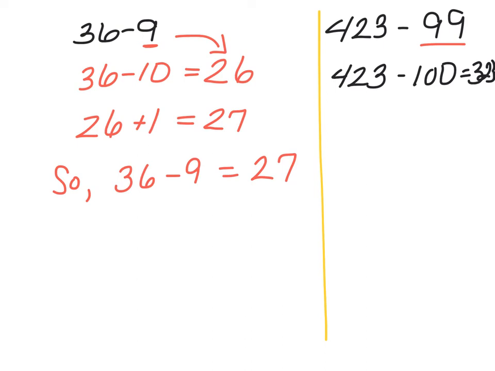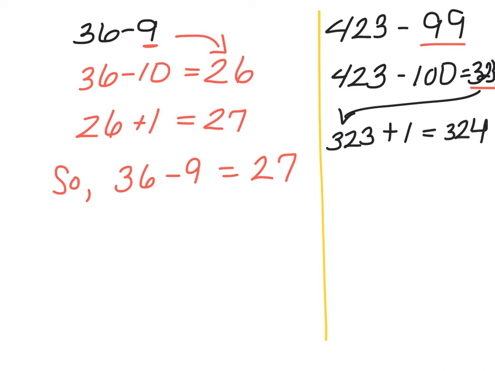So because we did that, we have to add 1 to the answer that we got, which is 323. So we have 323 plus 1. And that gives us 324.